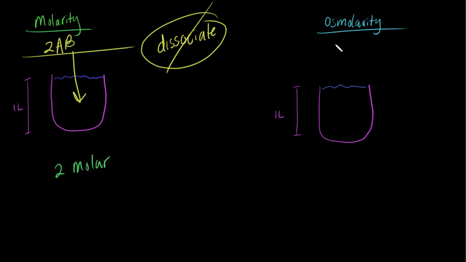But if I put the same 2 moles of AB into 1 liter, and I ask you about osmolarity, keeping in mind that we already looked it up and found out that it does not dissociate, what would its osmolarity be? Pause it, figure it out on your own. It would be a 2 osmolar solution.